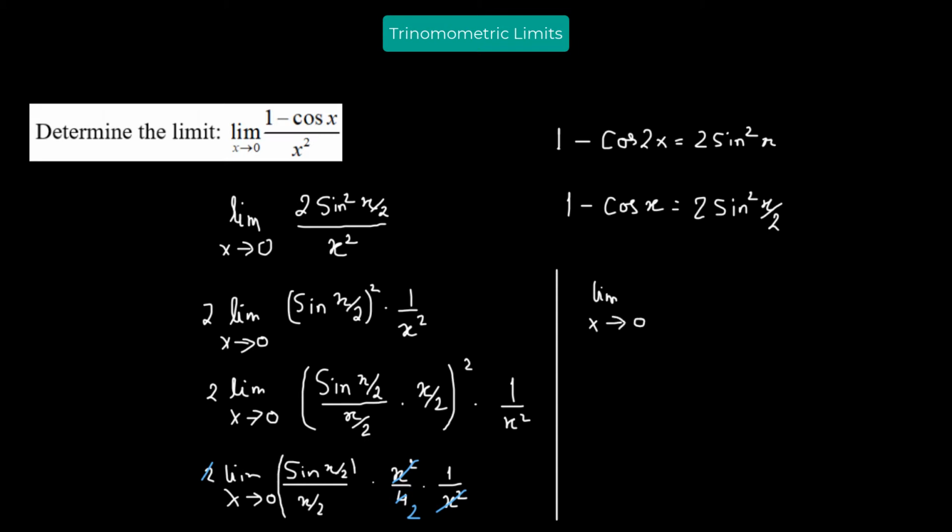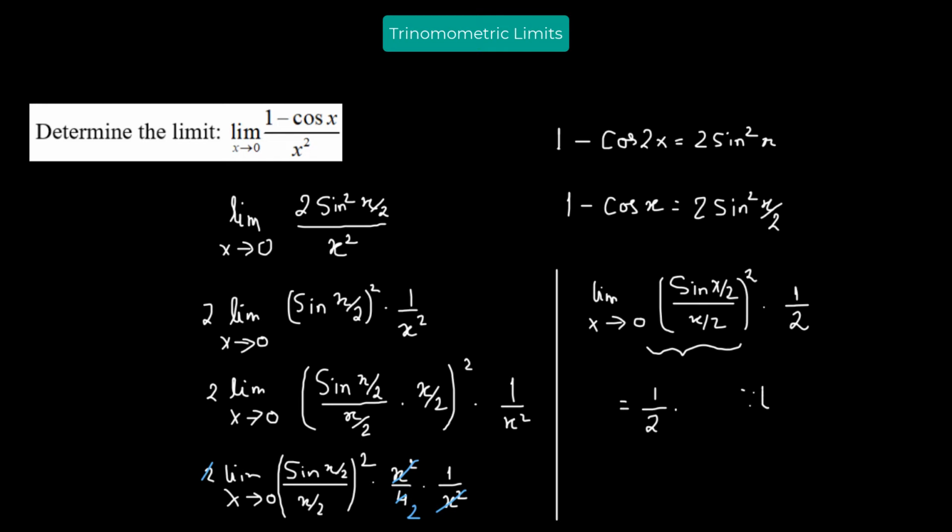There's a square here as well. So we have sine x over 2 divided by x over 2 whole squared times half. So by definition, the limiting value of sine x over 2 divided by x over 2 squared will be equal to 1. So we have 1 times half, so our limiting value is half.